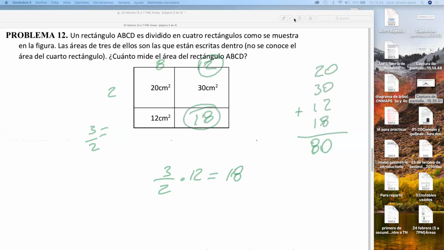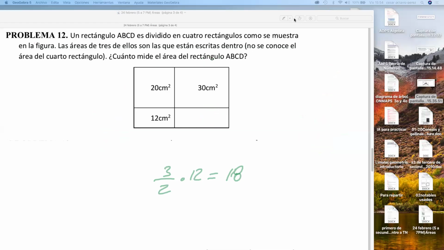Why is that? It's because we don't know what this length is.